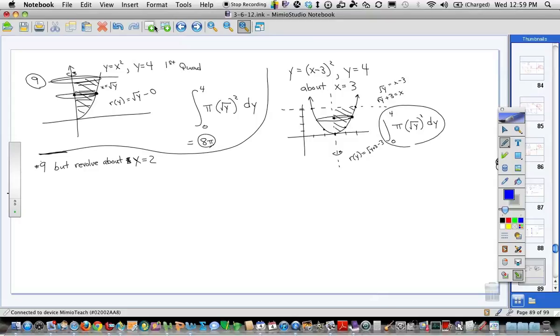Okay, so go ahead and draw the picture. Okay. But we're going to revolve it about the line x equals 2 this time. Same picture as number 9.